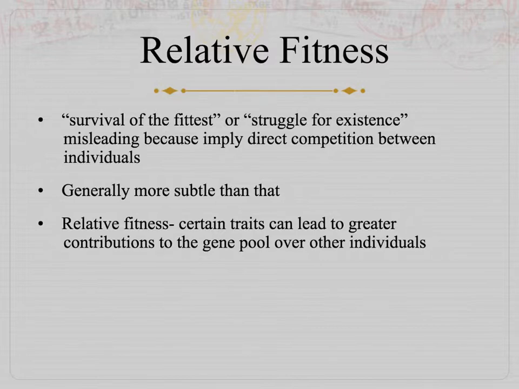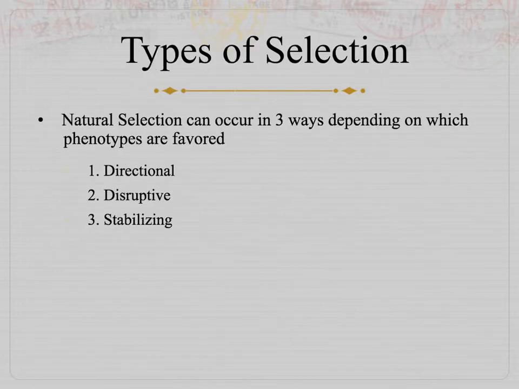So we can look at it in terms of relative fitness. And that is, like we've been saying, certain traits can lead to greater contributions to the gene pool or the greater ability to survive and reproduce. So it really is kind of survival of the most fit to that environment at that time. But that's too long to say.